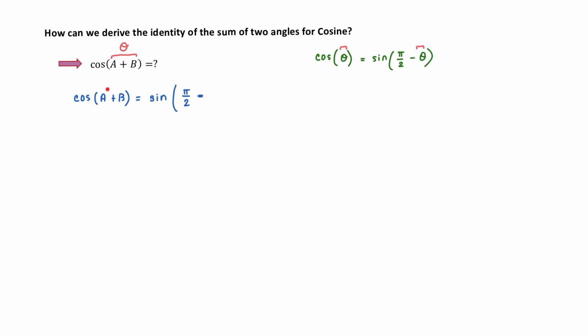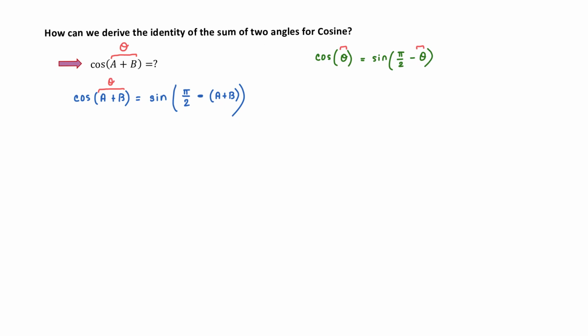But remember, all of this over here is theta. So then we're going to have pi over 2 minus A plus B. Just like that. So again, we transition from cosine to sine by using the cofunction identity.